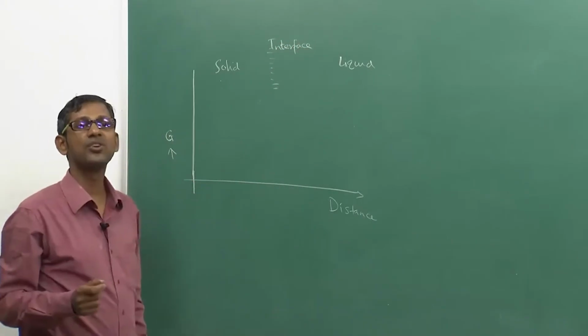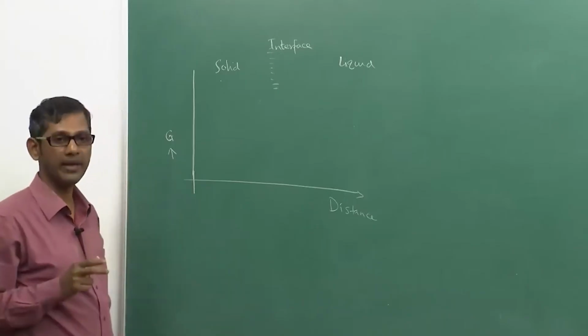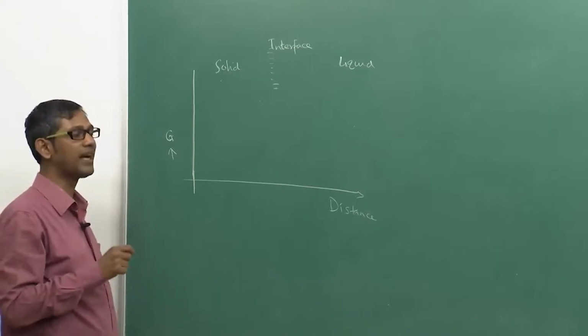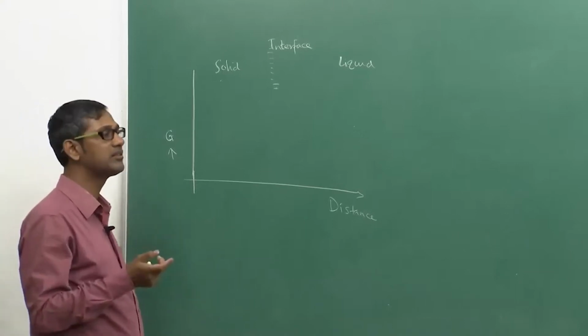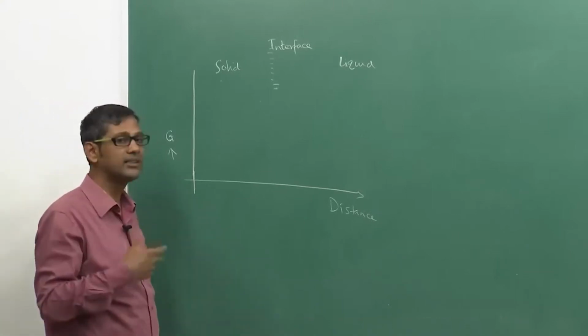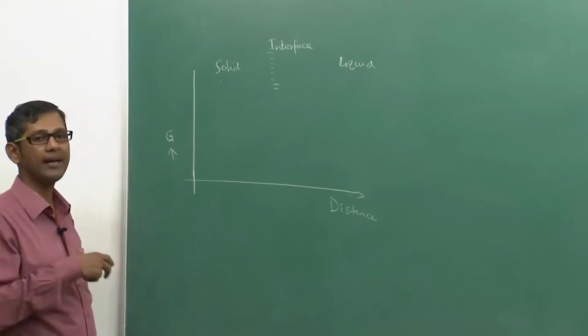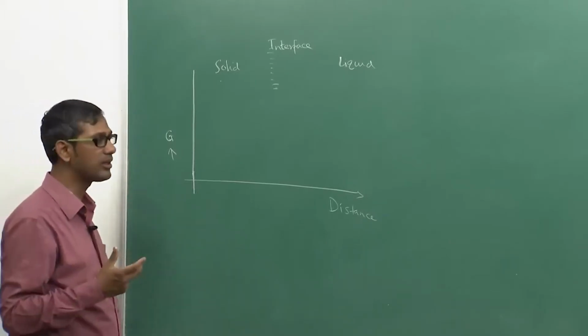Remember, atoms in the solid are in an ordered manner, therefore most of the bonds are satisfied. So the potential of the atom, meaning its energy, is low compared to the liquid. In the liquid, atoms are moving haphazardly, so bonds are not satisfied.